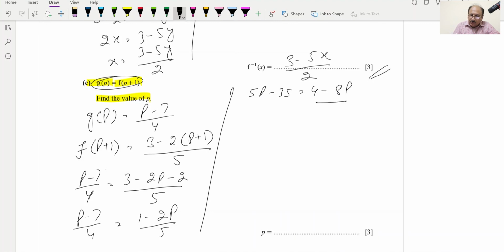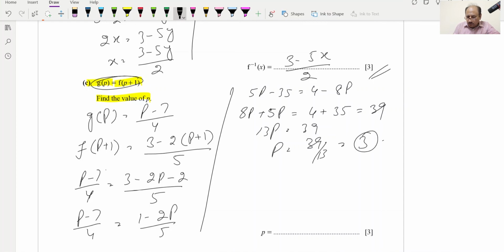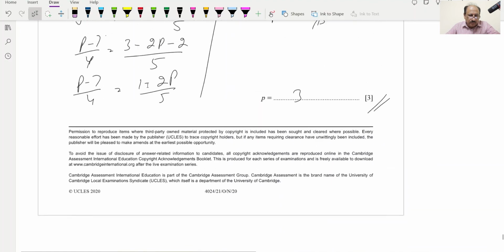We can shift these to the other sides, so it will be 8p plus 5p is equal to 4 plus 35, and 4 plus 35 will be 39, and this will be 13p is equal to 39, so p will be equal to 39 over 13, and this will be equal to 3. So the p value is equal to 3 for the 3 marks question. We are done with this.